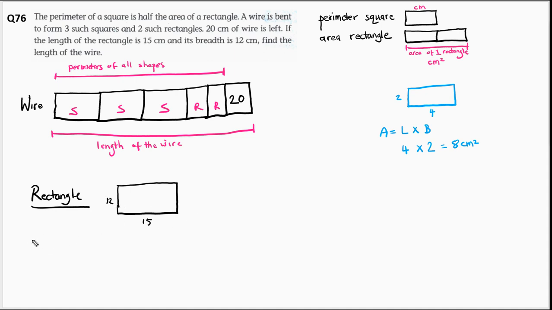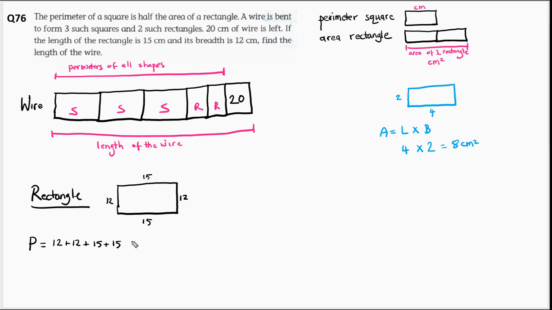So if we want to work out the perimeter, I'm going to just put a P for perimeter. So the perimeter equals, well, if this is 12 and this is also 12, if this is 15, this is also 15. So that is going to be 12 plus 12 plus 15 plus 15. If we add all of that up, that is going to give us the perimeter.